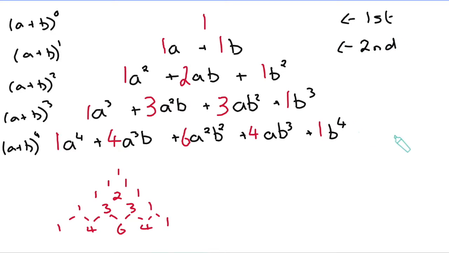So if we want the expansion of (a+b) to the power of n, then we have to look at which row do you think? Well, looking here, (a+b) to the 4th was the 1st, 2nd, 3rd, 4th, 5th row. So (a+b) to the n, we need to look at the n plus 1th row of the triangle.